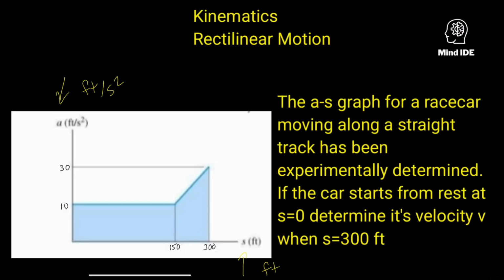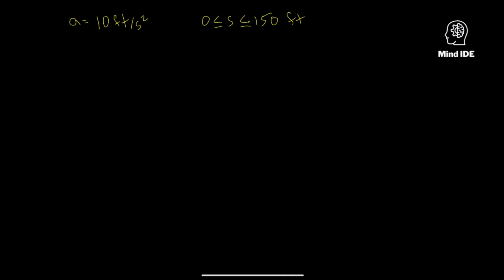All right. So if we begin, we have a equals 10 feet per second squared, and that is from s equals 0 to s equals 150 feet. So from 0 to 150 feet, a is just this 10 feet per second squared.